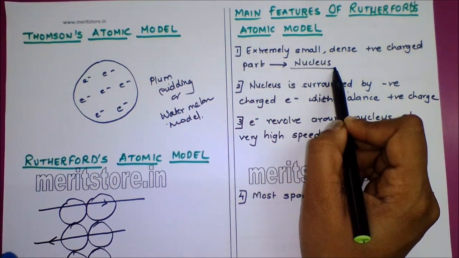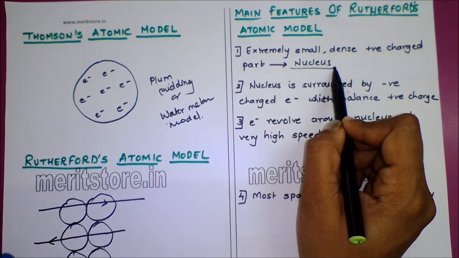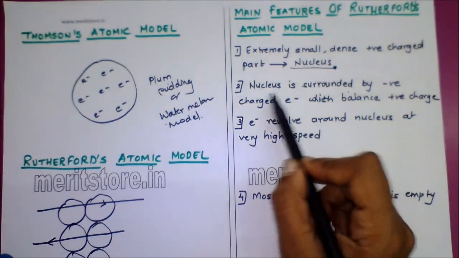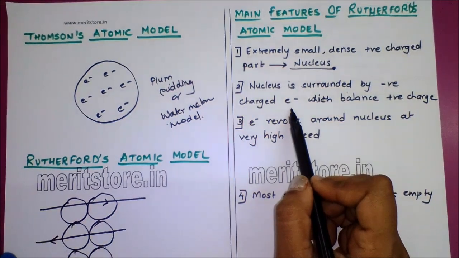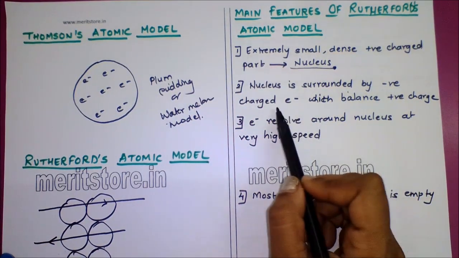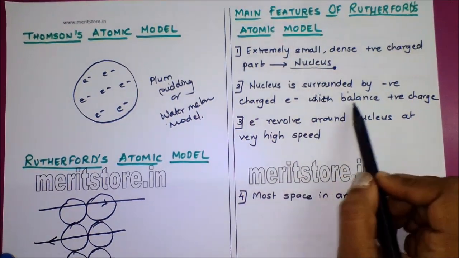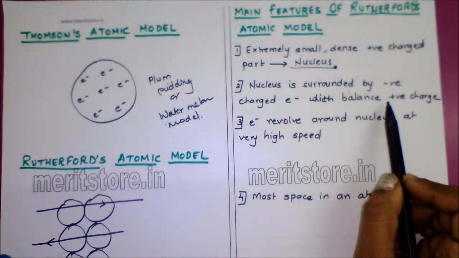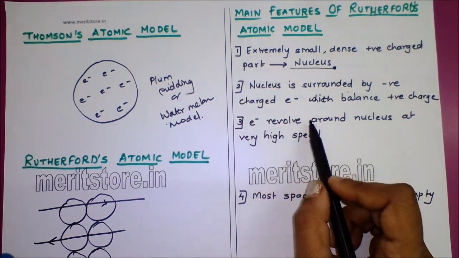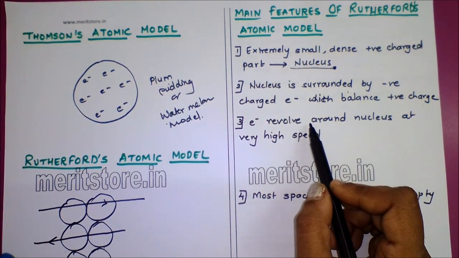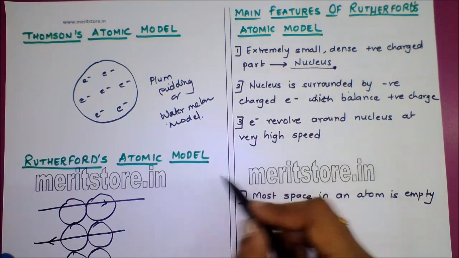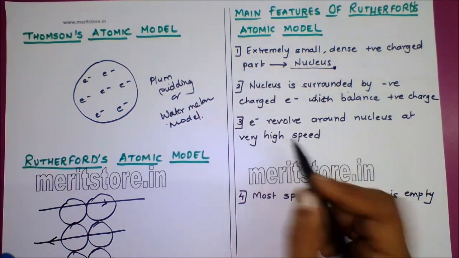The nucleus is the heaviest part of the atom, and it is extremely small compared to the size of the atom. Secondly, the nucleus is surrounded by negatively charged electrons, whose charge balances the positive charge on the nucleus. The electrons are not stationary, obviously. They are revolving around the nucleus at very high speed, just like planets move around the sun.